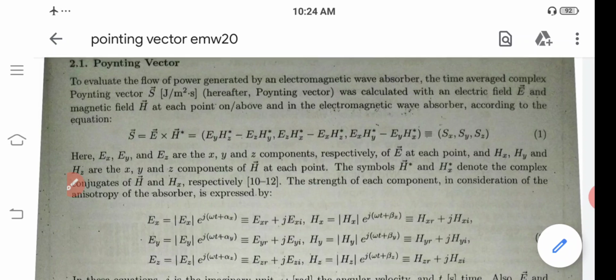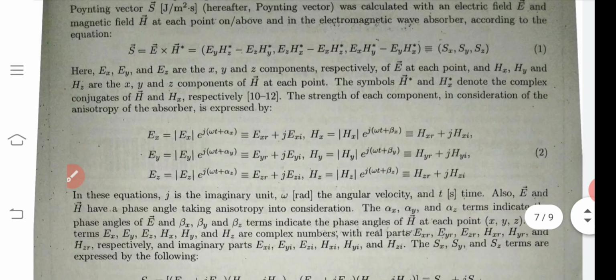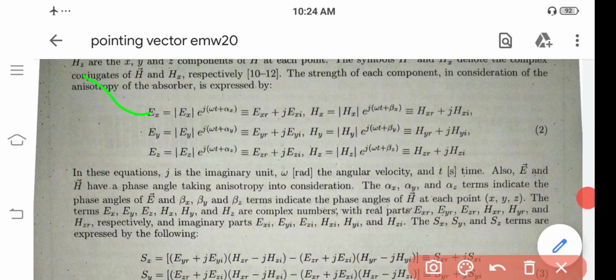The strength of each component, in consideration of the entropy of the observer, is written as Ex equals magnitude of Ex e raised to the power j(omega t plus alpha x), equals Exr plus j Exi, and Hxr plus j Hxi. Similarly Ey and Ez, Hy and Hz can be calculated.